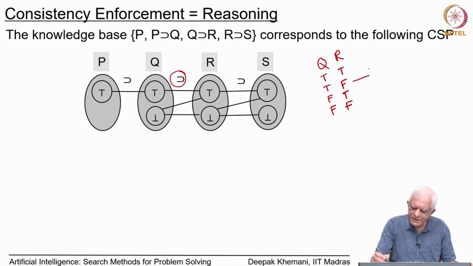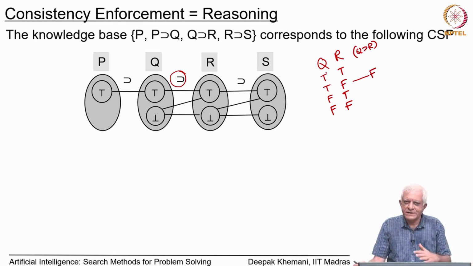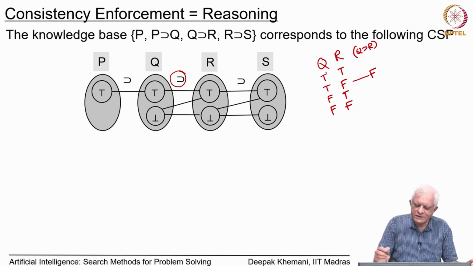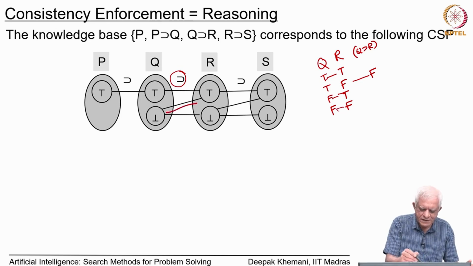So, the only case where Q implies R is false is this one, and in the other 3 cases it is true, and those other 3 cases correspond to the constraint graph here. So, there is an edge between T and T, there is an edge between F and T, there is an edge between F and F. So, there is an edge between F and T here, F and F, and between T and T.